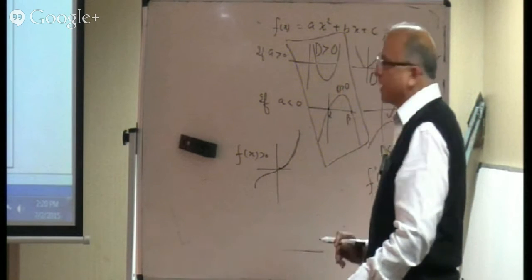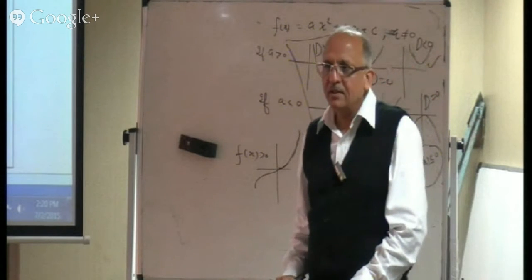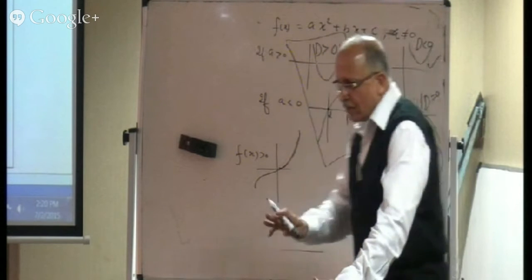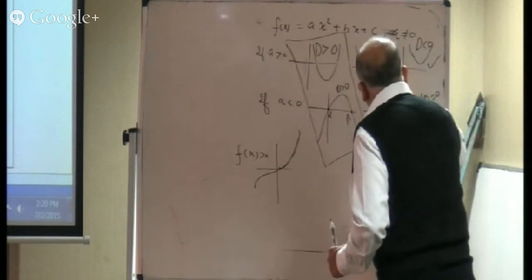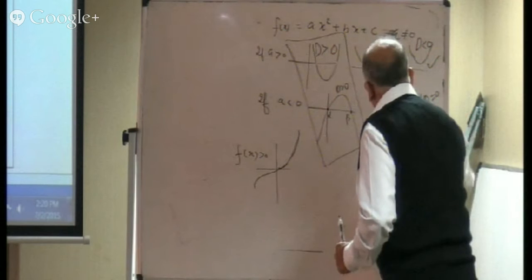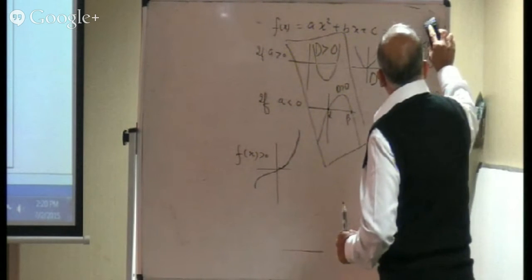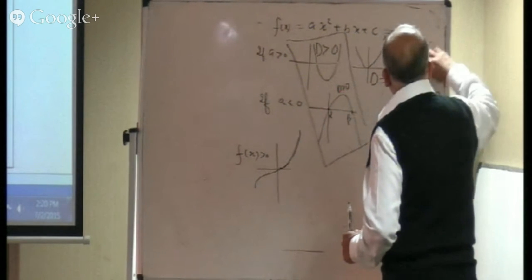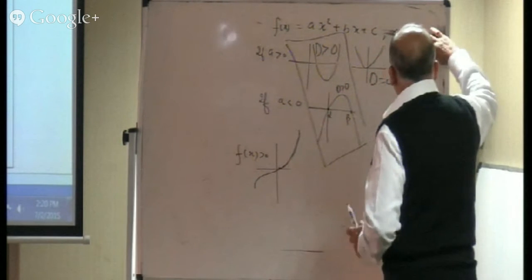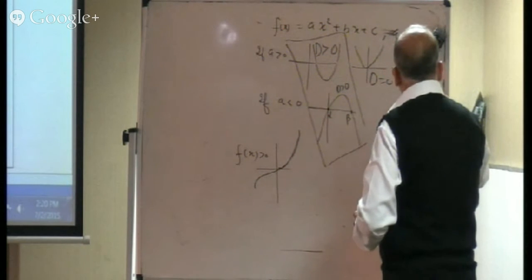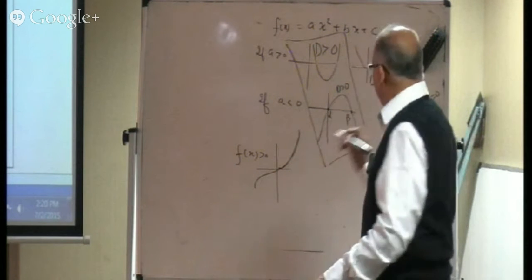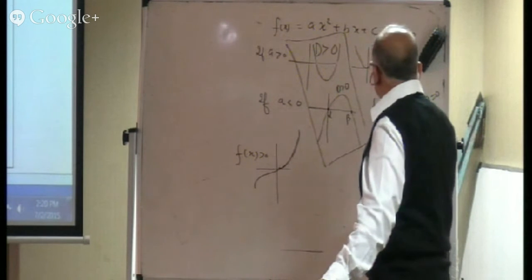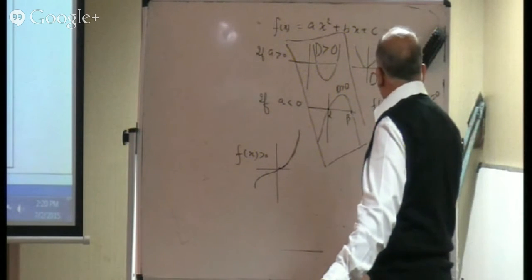Let us discuss the case D equal to 0. Now let me rub it off so that we have clear space. Let us consider the two cases when d is equal to 0. This was one case. Here also you can see when d is 0, there are only two cases: either f(x) is greater than or equal to 0 or f(x) is less than or equal to 0.